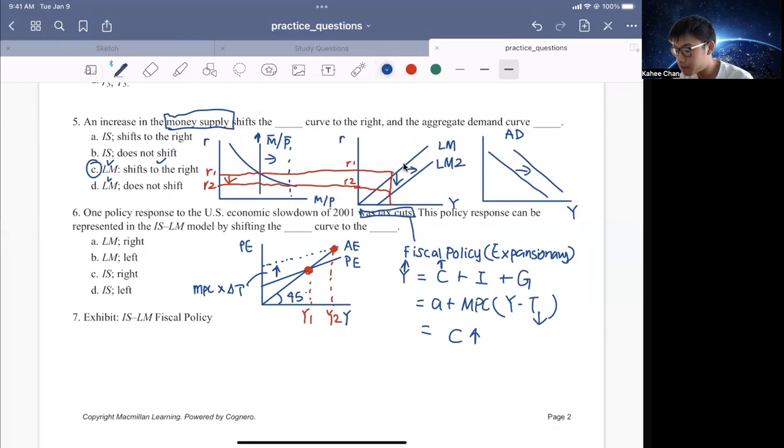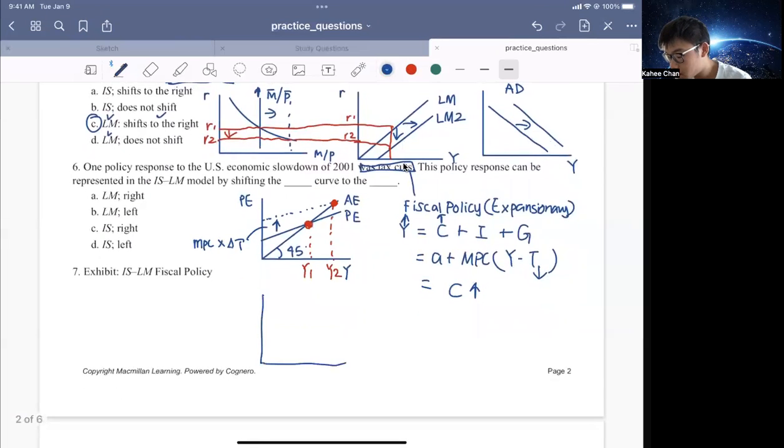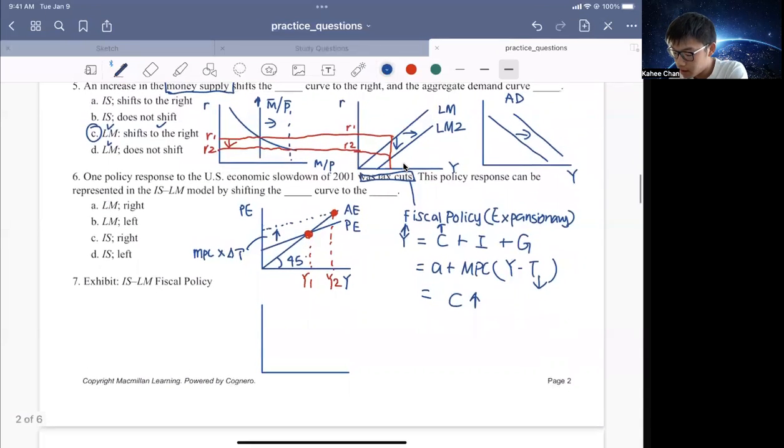So you always remember that when the Keynesian cross is affecting the IS curve, and there's a change in tax, it does not affect the interest rate for the IS model, which means that the IS curve, which is sloping downward, will shift to the right for a given interest rate.